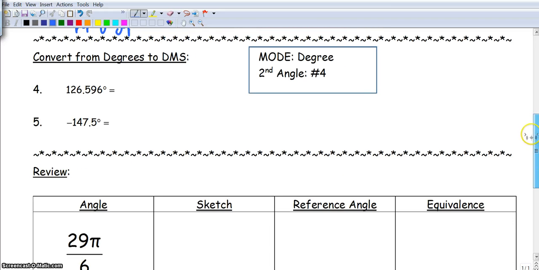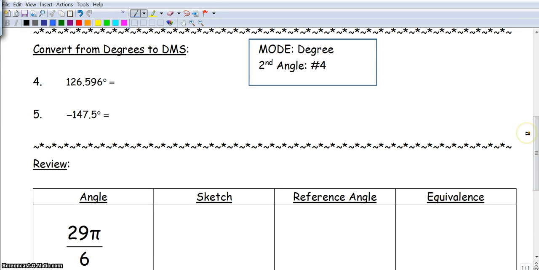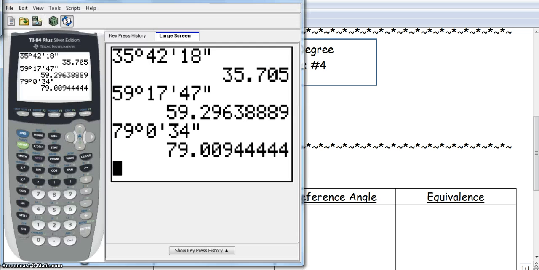Next, we are going to convert from degrees to DMS, and this is actually a lot faster. So we're just going to take 126.596, and you actually don't even need to put the degree symbol because it is assumed we are in degrees. That's why we changed our calculator to degree mode.